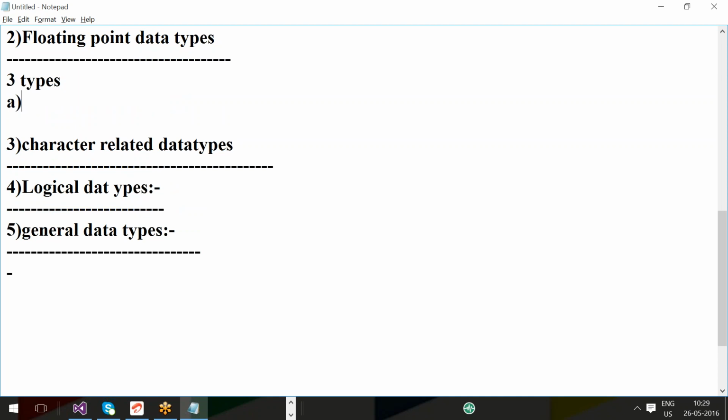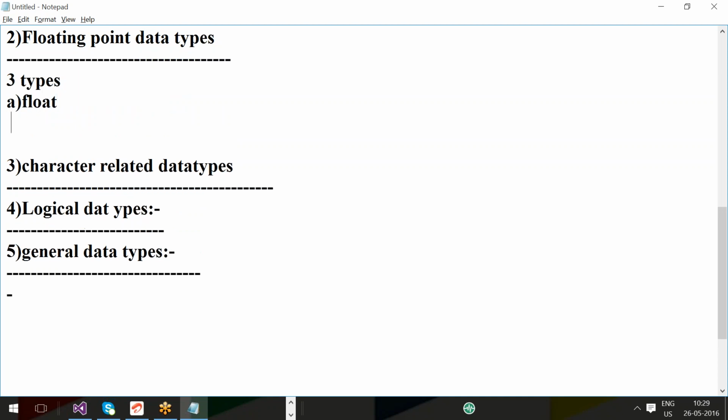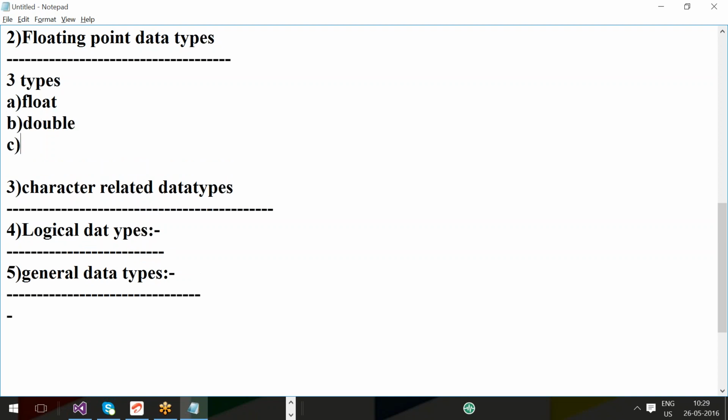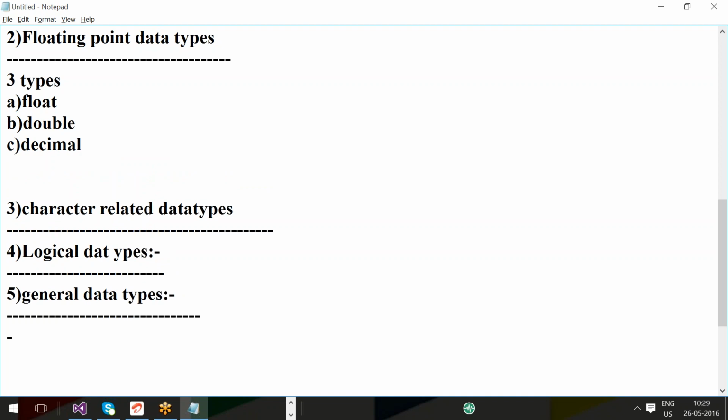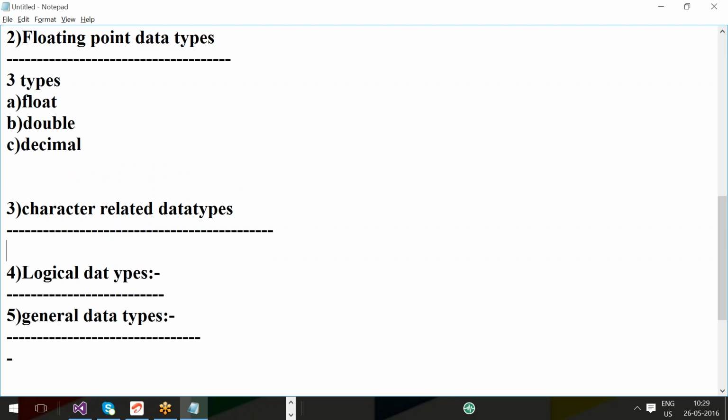They are classified into three types: float, double, and decimal. Float is 4 bytes, double is 8 bytes, and decimal is 16 bytes.